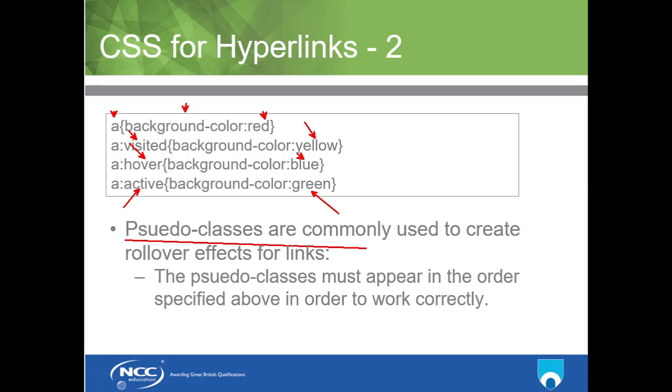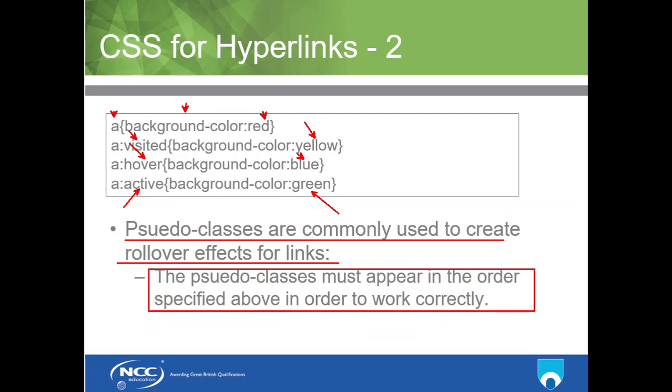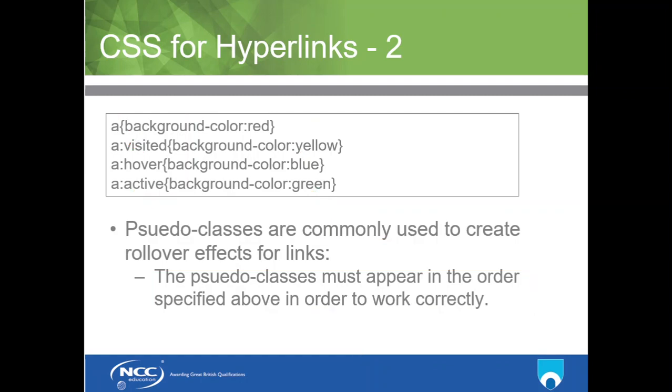So pseudo classes in hyperlinks are used to create rollover effects for links. Please note that the pseudo classes must appear in the order specified above in order for them to work correctly. What does that mean?